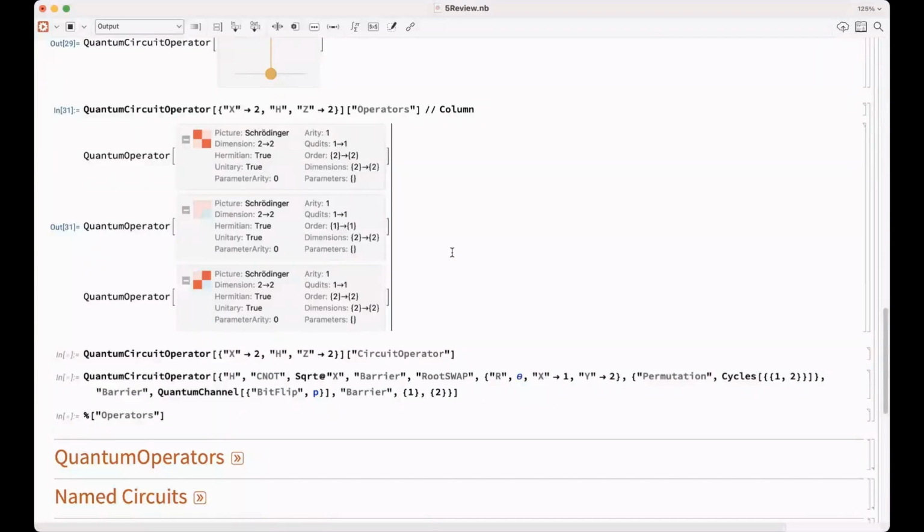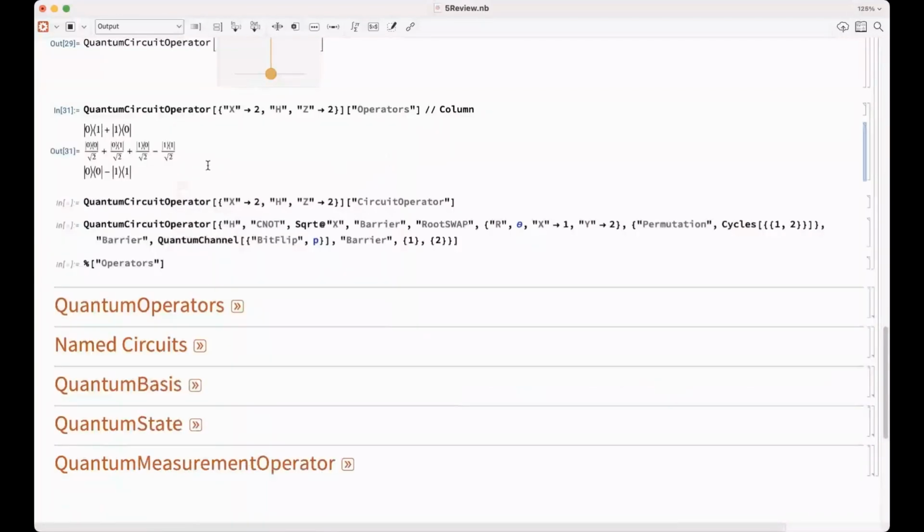By the way, each of those objects also has a traditional form. For example, Nick showed the traditional form of one of them. Actually, this is the traditional form of all of them. The top one is Pauli X, the second one is Hadamard, and the last one is the Z operator.